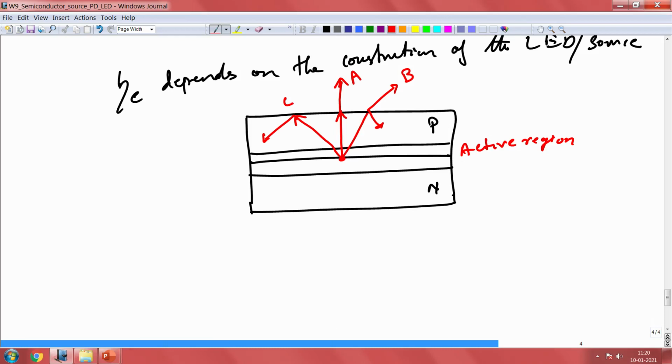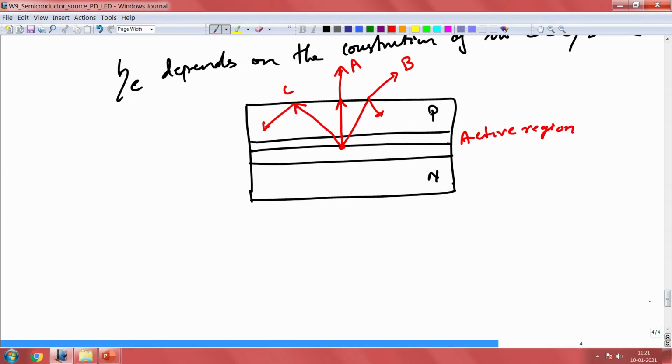If you look at these 3 cases, it will be very clear that isotropic generation could result in light going straight, A, or in the B or C direction. These are all possible cases. When you look at case A, it is normal, so light goes through at a normal to the surface.